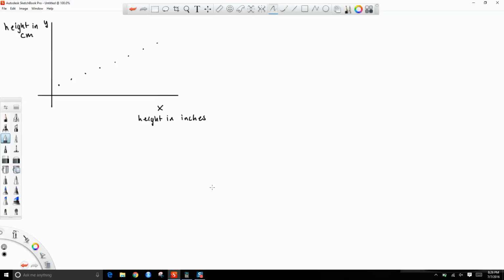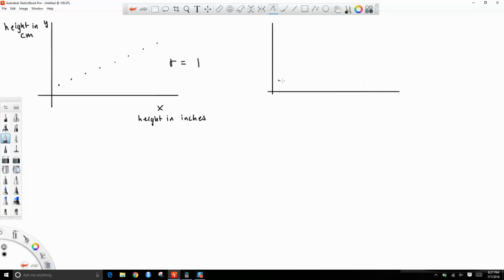Yes, and you can predict it perfectly, okay? If somebody is 72 inches tall, you can predict their height is exactly, whatever it is in centimeters. And there's going to be no variation there, right? And so the R, the correlation here, would equal what? 1, positive 1. Okay?